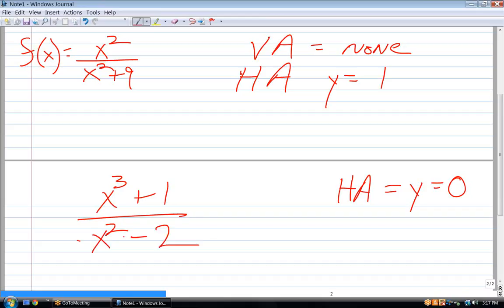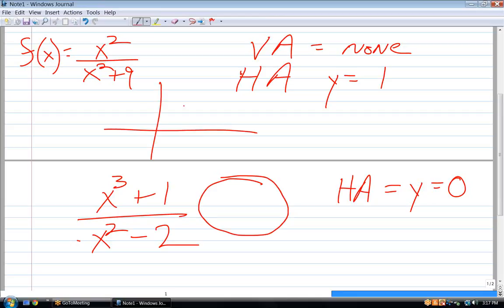And what you do here is do the division by longhand. You know how to divide a polynomial by another polynomial? Yes. And whatever the quotient is your oblique asymptote. In other words, you don't just have vertical and horizontal asymptotes. There also are oblique asymptotes, where the function does something like that.